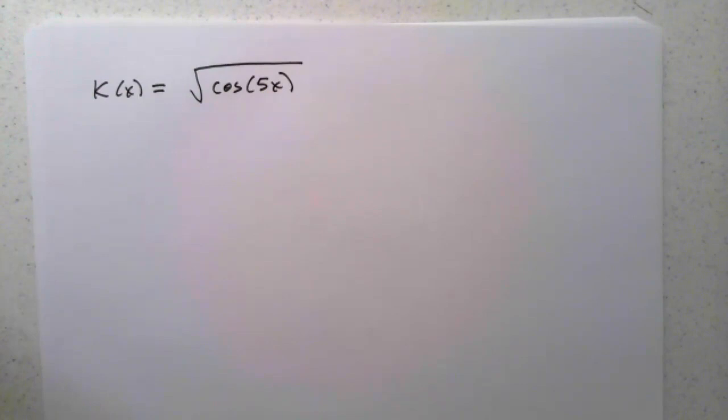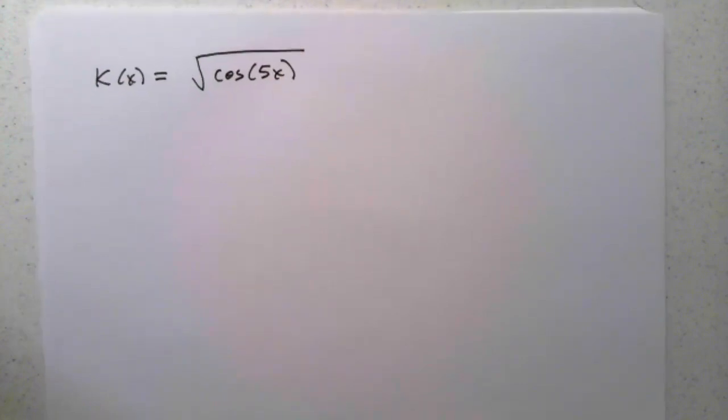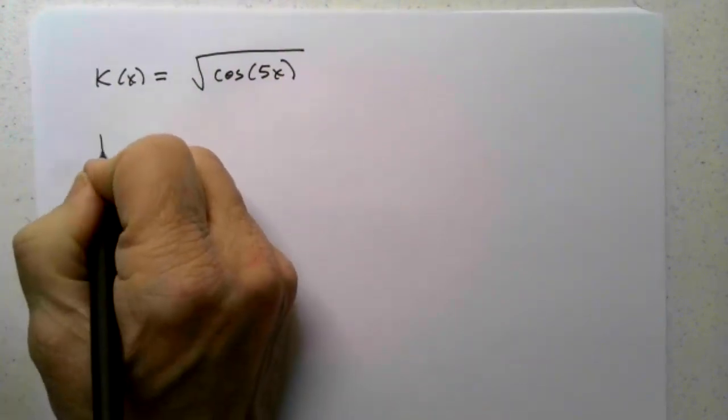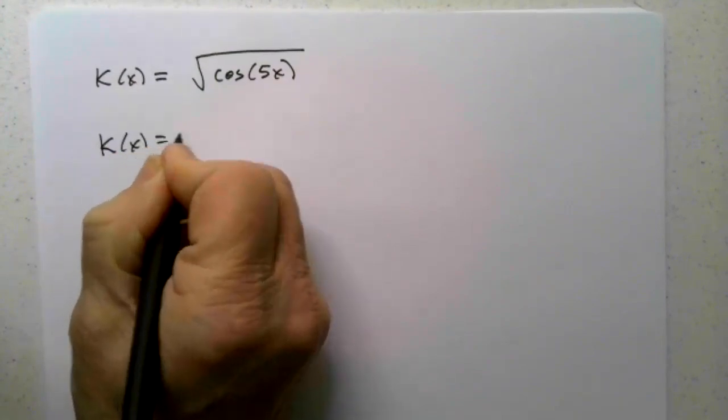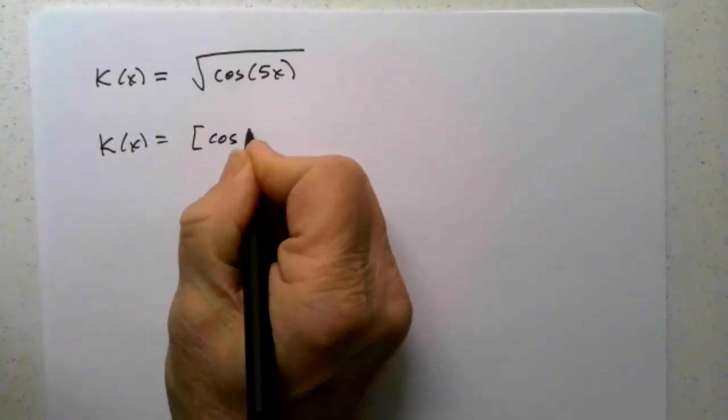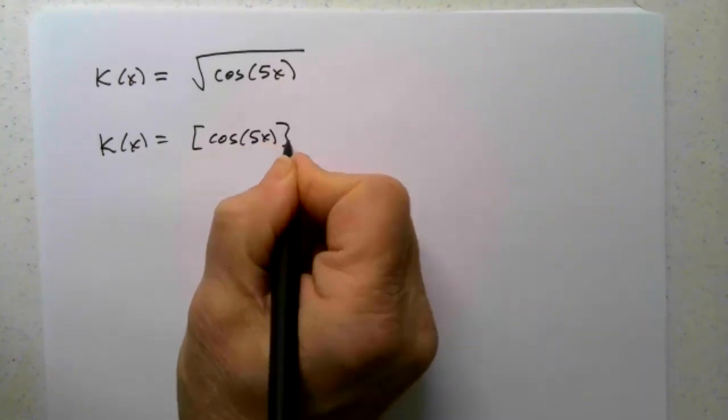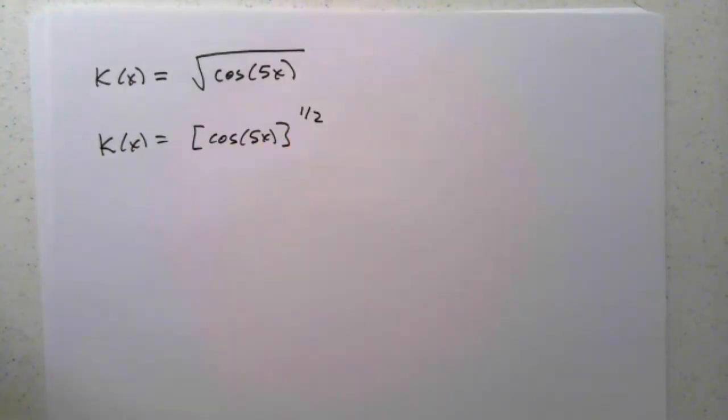So we have a multiple layer problem here to work with the chain rule. So k of x is cosine of 5x to the 1/2 power.